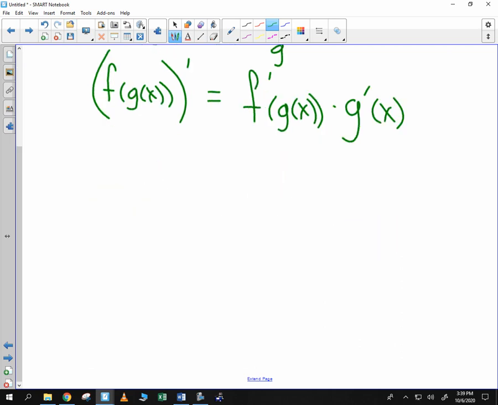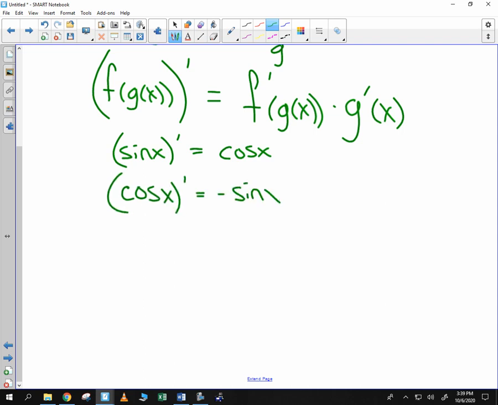Along with those, we tack on a few more. The derivative of sine of x is cosine of x. The derivative of cosine of x is negative sine of x. The derivative of tangent of x is secant squared of x.